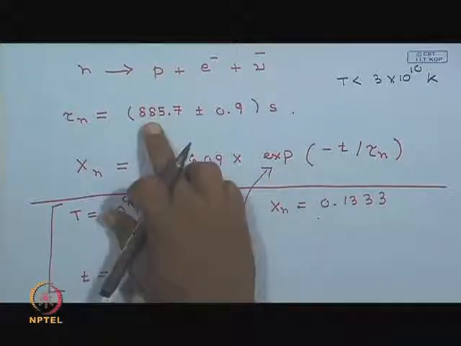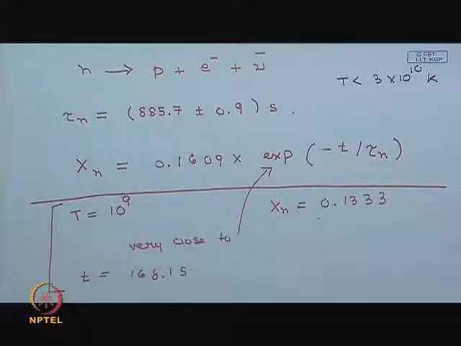Now, given this background about what happens to the neutrons and protons in this expanding background, let us address the issue of the formation of elements heavier than these particles during the epochs that we have been discussing.